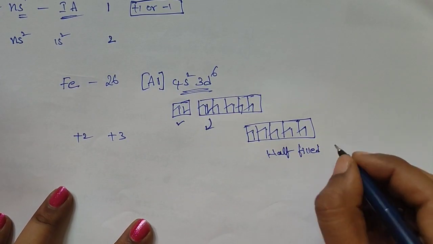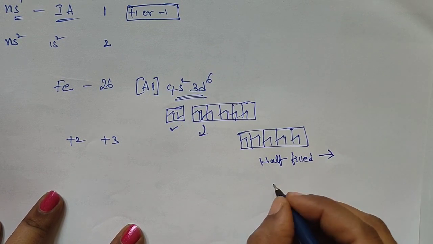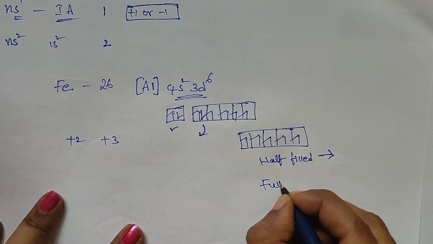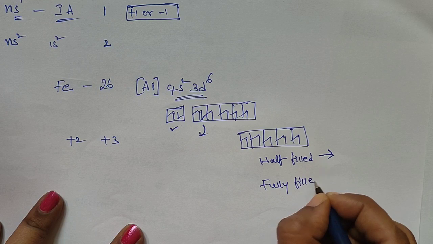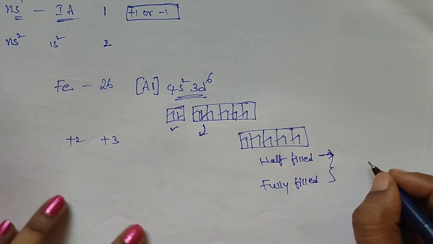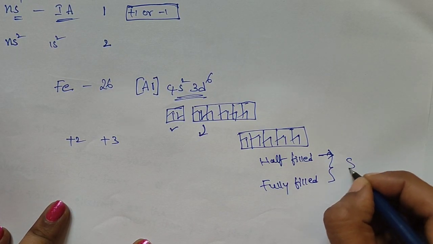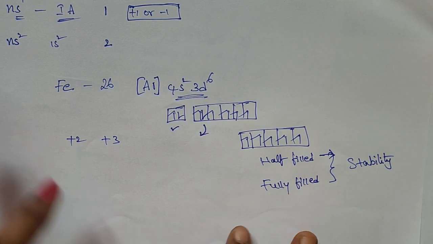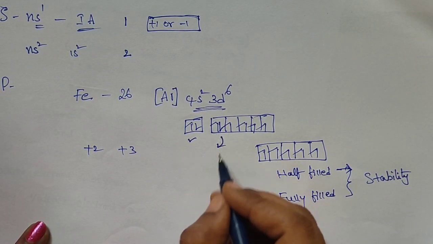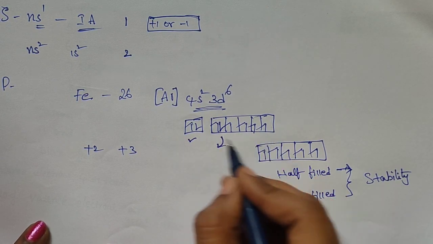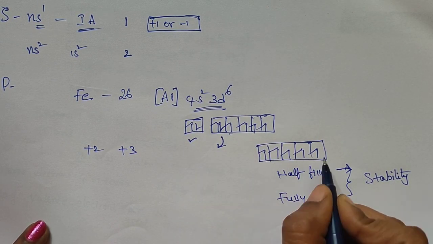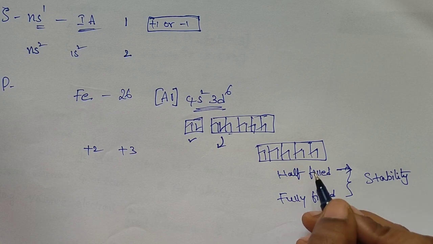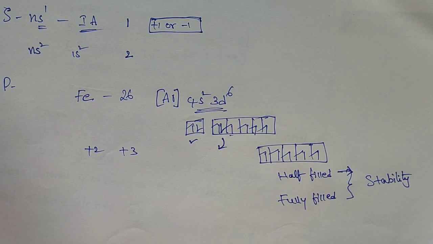This is one of the stability rules. Half filled and fully filled orbitals possess stability. So after removing one electron from the d orbital, it has a half filled orbital, so it possesses stability.